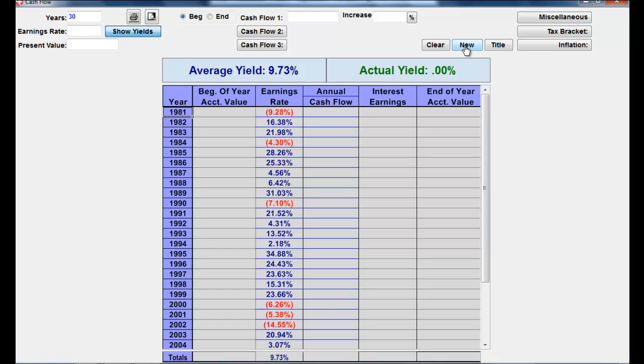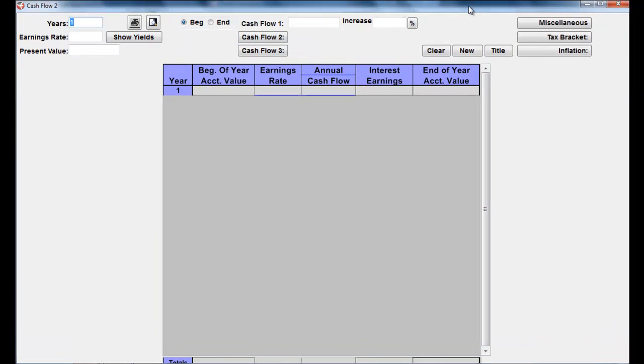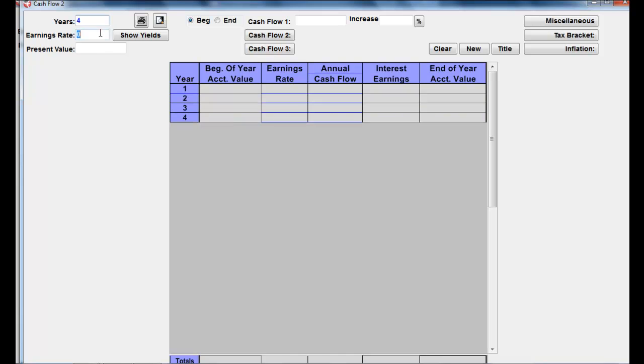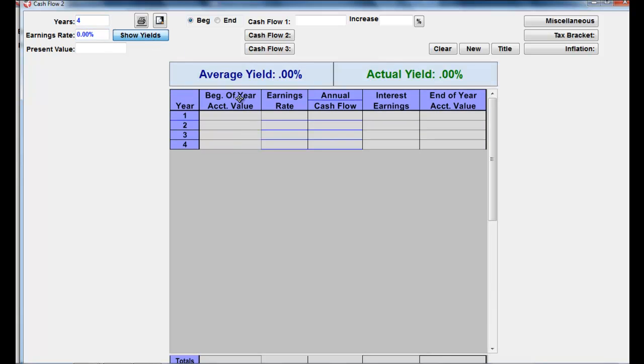So to best illustrate this, let's just look at a simple example of average versus actual yield. We're going to look at a four-year time frame. And we're going to say a person earns 100% on their investment in the first year, negative 50 in the second year, 100% in the third year, and negative 50% in the fourth year.